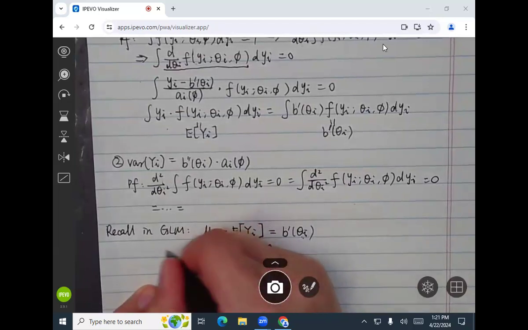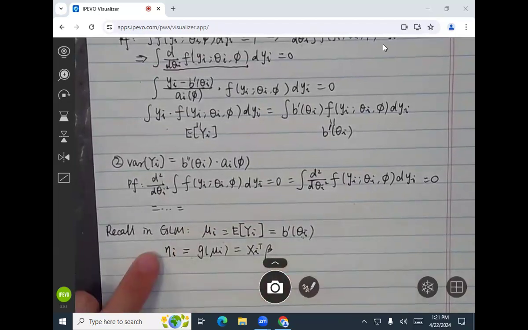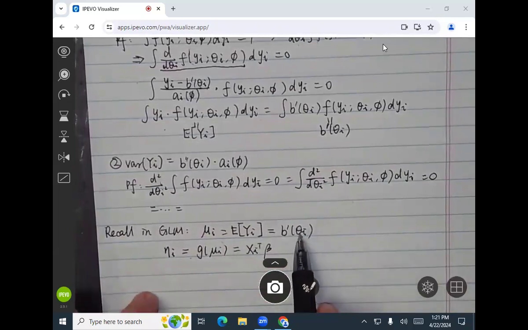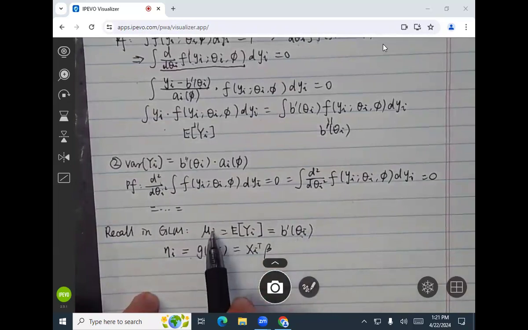And recall that we just introduced this eta I as a linear predictor. Eta I is g of mu I. So we have three things. Don't confuse yourself. Theta I, location parameter of exponential family. Mu I, expectation of yi. Eta I, g of mu I as a linear predictor.